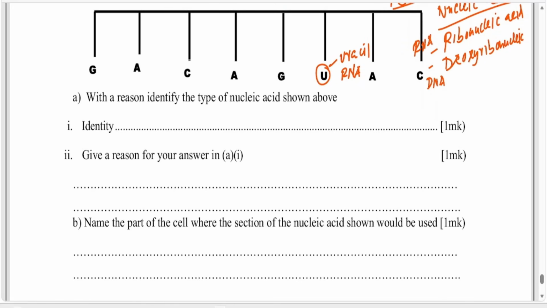So looking at our questions, with a reason, identify the type of nucleic acid shown above. So this type of nucleic acid is a ribonucleic acid, or what we basically call RNA.